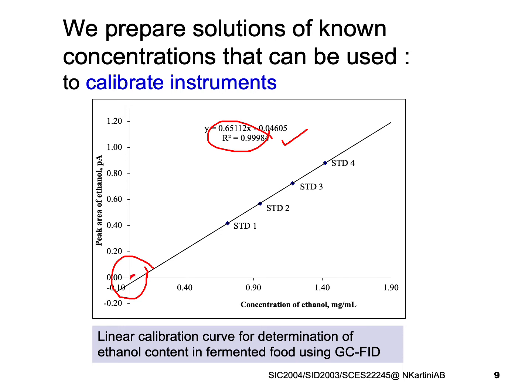So you have to adjust and make sure that you start with a blank or auto-zero the instrument, to make sure that the 0 concentration of your analyte gives a 0 signal. This is one example of how to use a standard solution for the construction of your calibration curve in instrumental analysis.